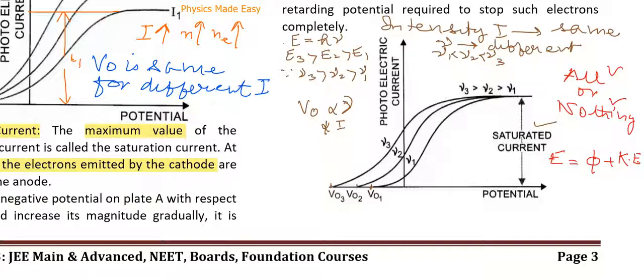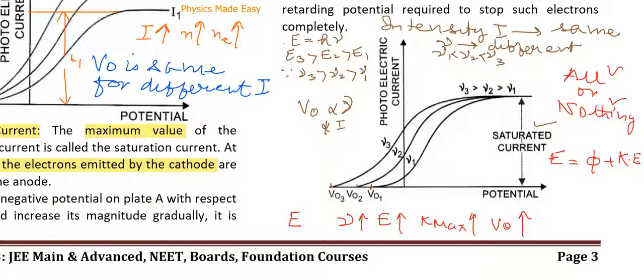So what can I say? Now I will write it in code language. First of all, if we increase frequency like this, it means we increase the energy of the photon. It means we increase K max, the maximum kinetic energy. If this increases, it means stopping potential increases.